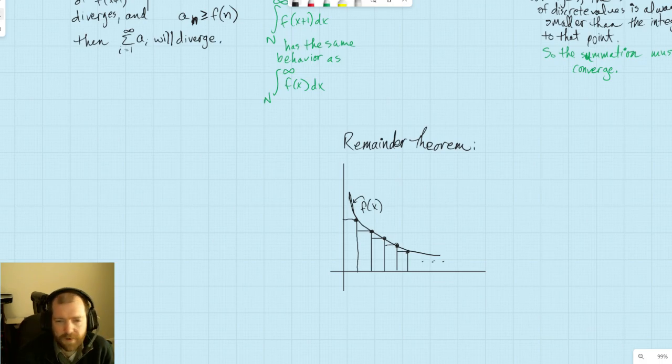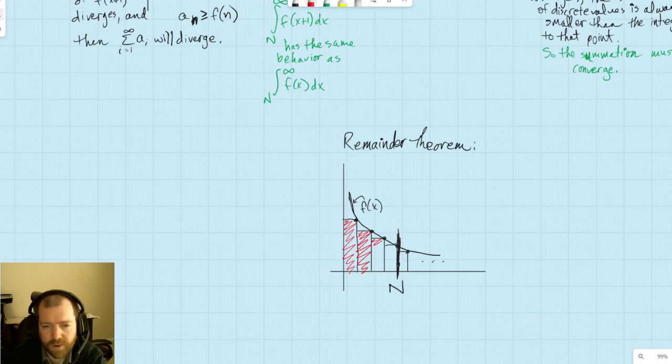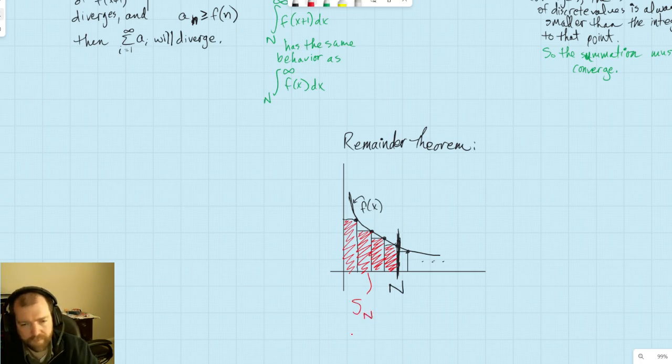So there's this cool remainder theorem, which basically says that wherever you draw a line, so if we draw an N here, capital N, the remainder theorem says that the sum that we have up until that point, so that's going to be our red here, is represented by the partial sum S sub capital N, or the capital Nth partial sum.